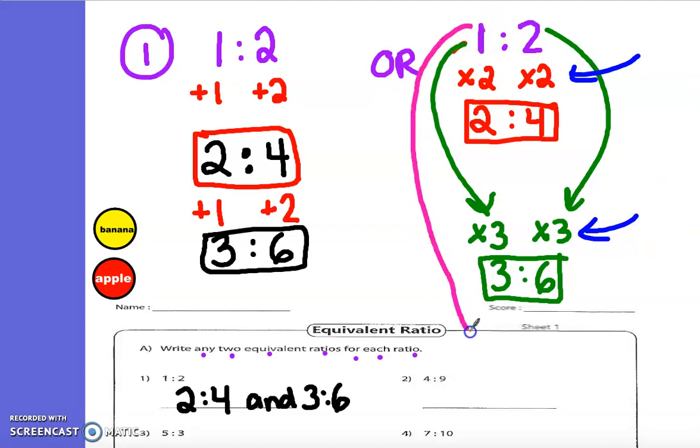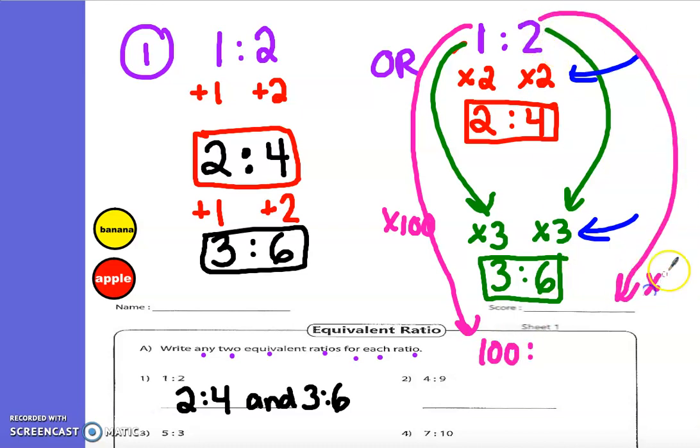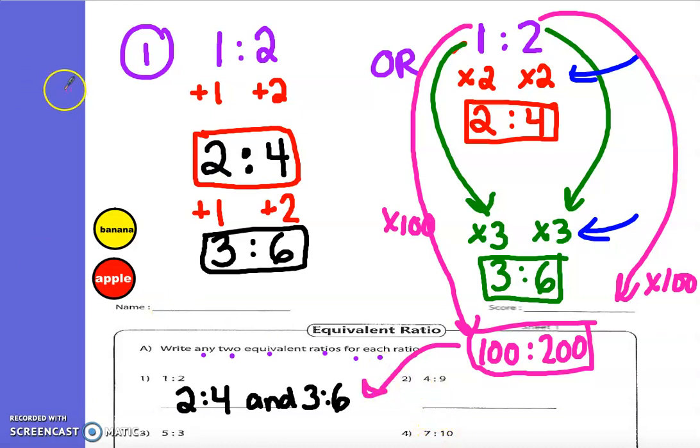I could have multiplied by 100. 1 times 100 is 100. 2 times 100 is 200. So I could have also put this as my answer as well. Okay? Let's do one more. I hope this is making sense, that you can use addition and multiplication, or multiplication.